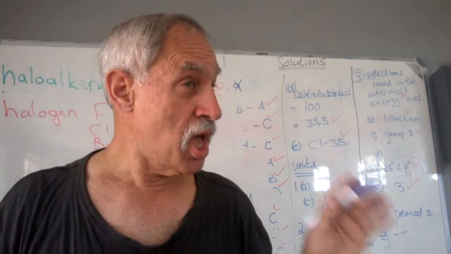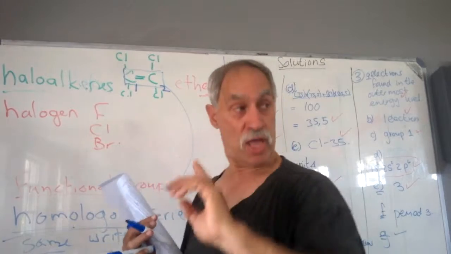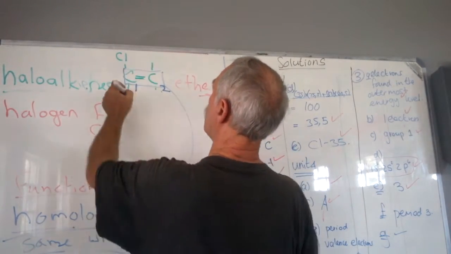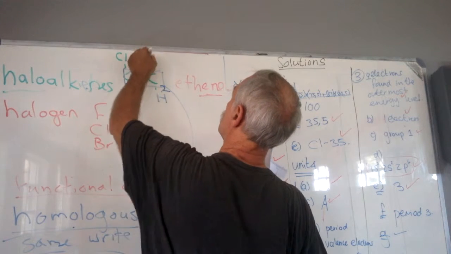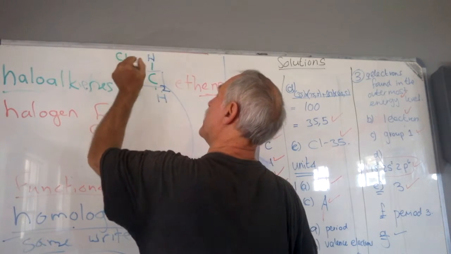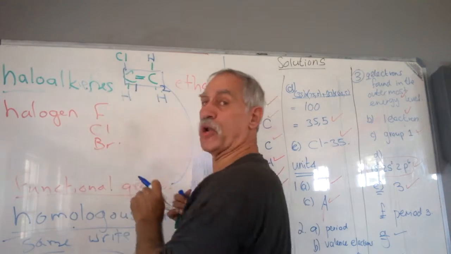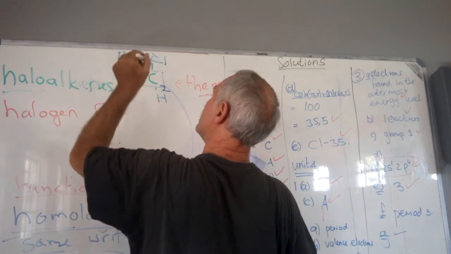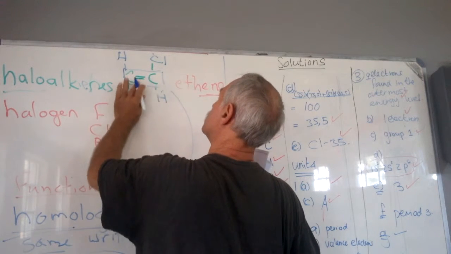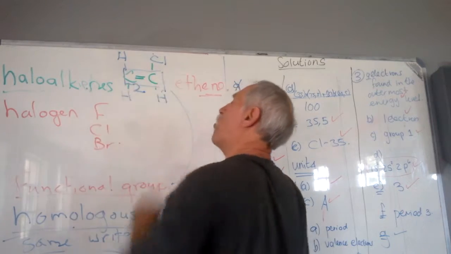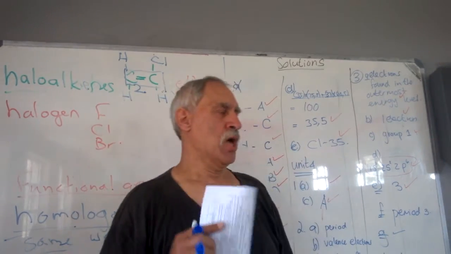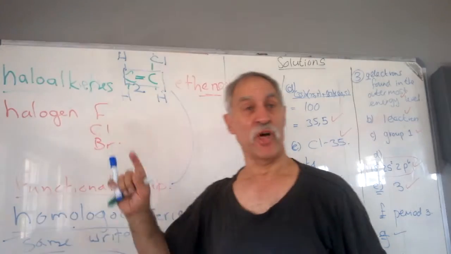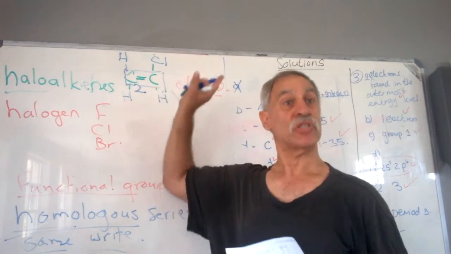However, if it had 1 chlorine and 3 hydrogens, and the chlorine was there, I would definitely number that number 1. If the chlorine was sitting here and a hydrogen was sitting there, I would call that number 1 and that number 2. Now why? Because we always number from the functional group side.